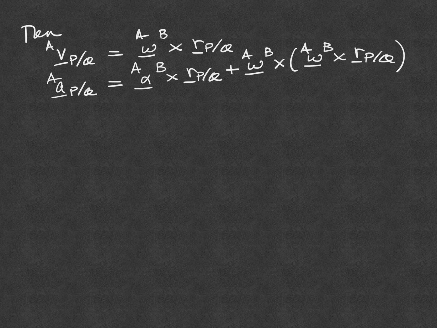So once we know the first and second rotation rates, angular velocity and angular acceleration, and the difference in position, we can fully characterize the difference between the velocity and the acceleration of 2 points on a rigid body.